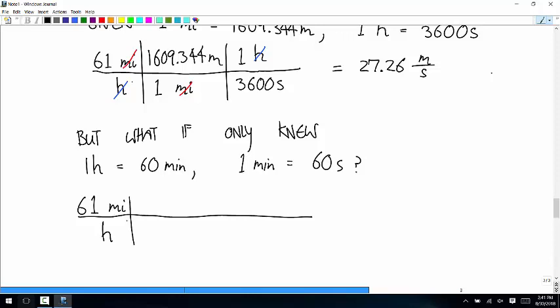You'd convert the miles the same way we did before, so 1609.344 meters is 1 mile. Then you know that 1 hour is 60 minutes. No, I'm not.